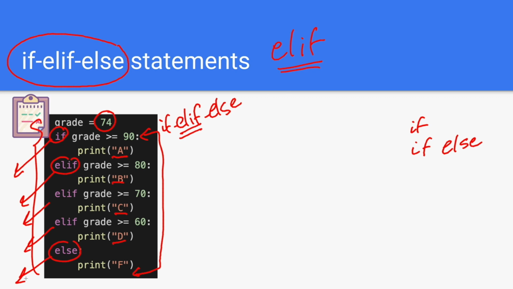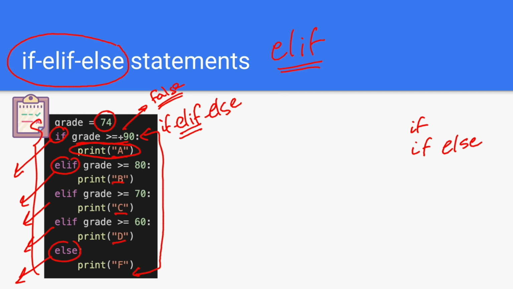So let's start. The first thing is this condition right here. Is grade greater than or equal to 90? This condition evaluates to false. What does that mean when the condition evaluates to false? It means that this block of code is not going to be executed.